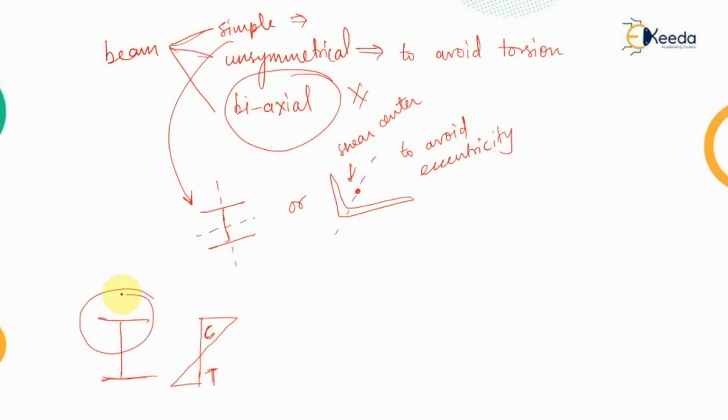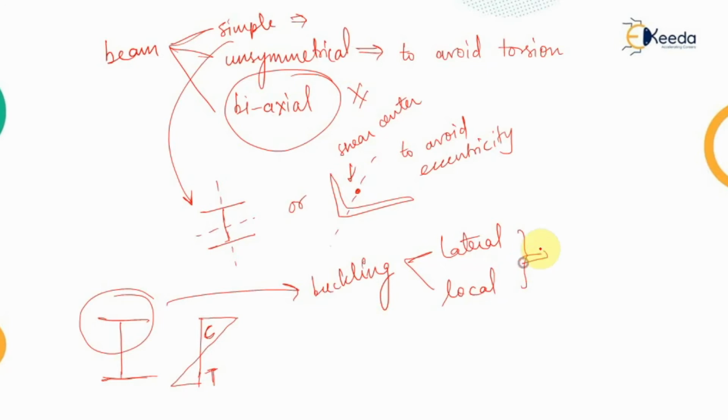Under the heavy compressive load at the top portion, there may be a buckling criterion. This buckling is generated because of the torsional stresses, which are because of the extreme compressive stresses. This buckling can be lateral buckling or local buckling. So that's why the torsional equation is not completely eliminated even if we are providing symmetrical sections.